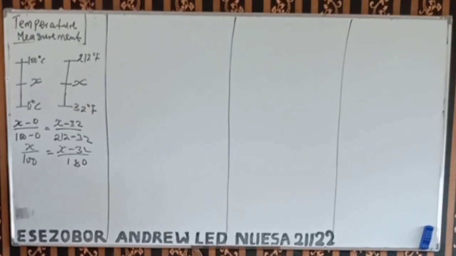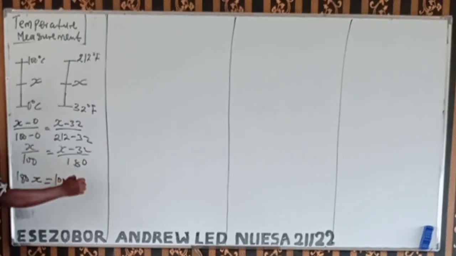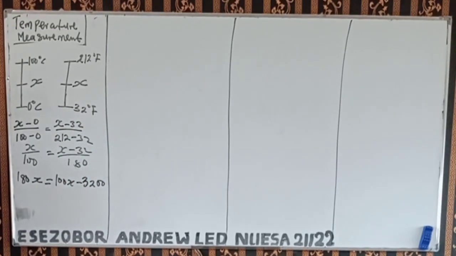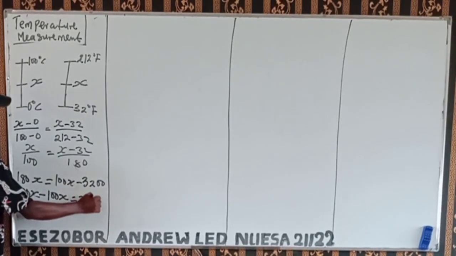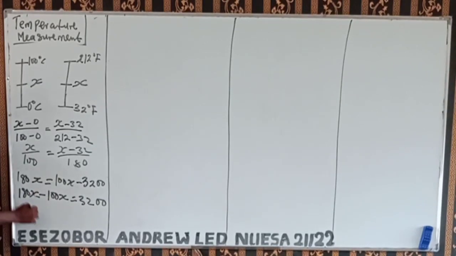Cross multiplying, we have 180X equal to 100 times (X minus 32), which is 100X minus 3200. Moving terms, we have 180X minus 100X equal to minus 3200. Then 180 minus 100 gives 80X equal to minus 3200.